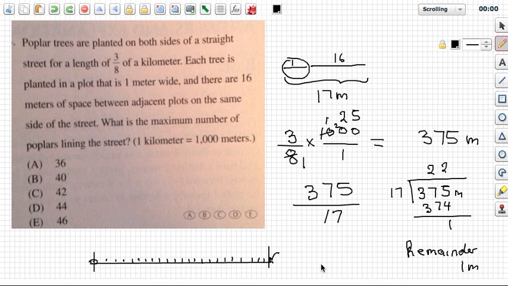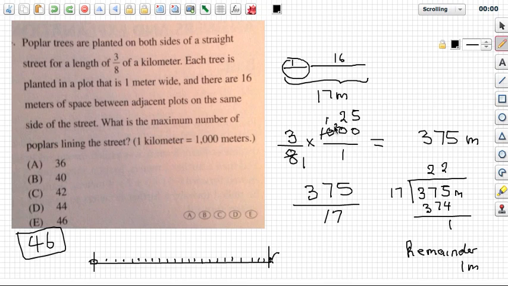So 374 meters could contain 22 plots and the spaces between them. And then there is one more plot in the last meter of space for a total of 23 poplars on each side. Since there are poplars on both sides of the street, we can fit 46 poplars in all.